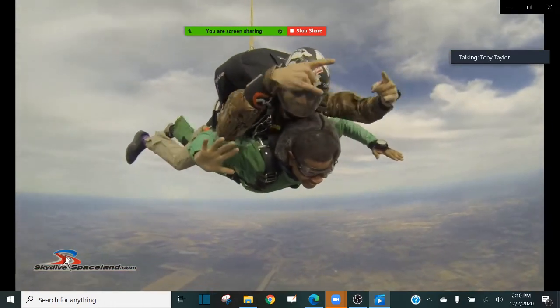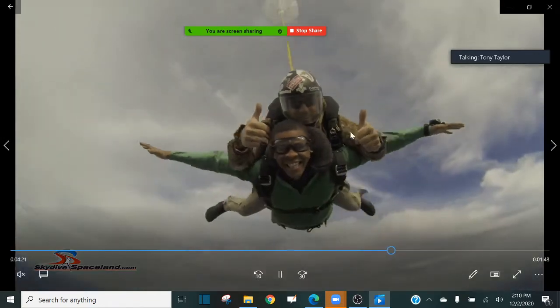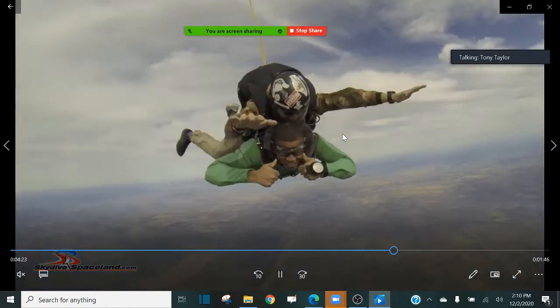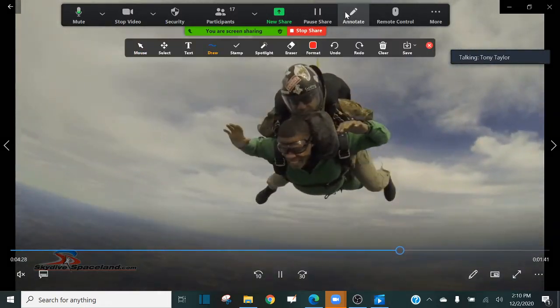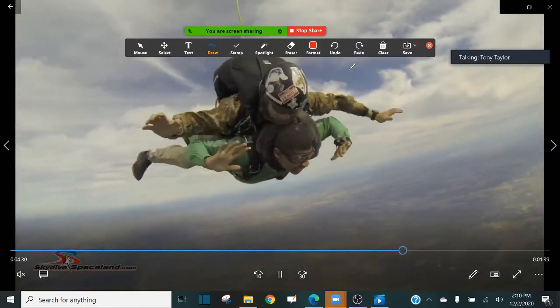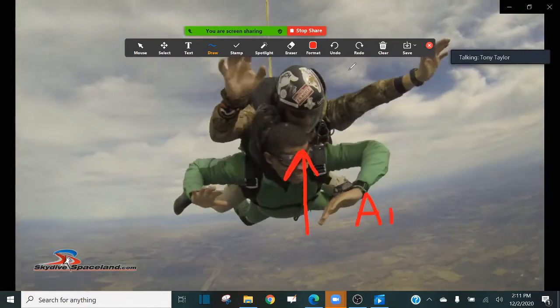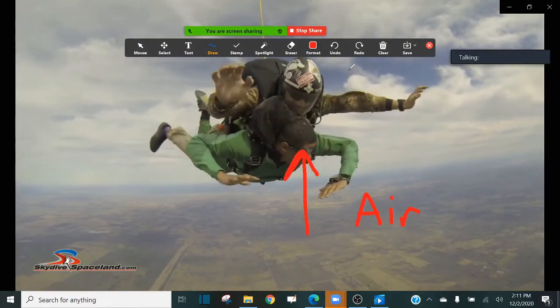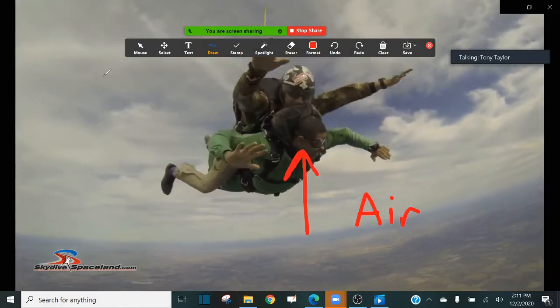It's a special type of friction. Notice how I'm moving downward, so there must be air resistance acting upward on me. Everybody can clearly see there's a force acting on me upward, and that is air resistance.